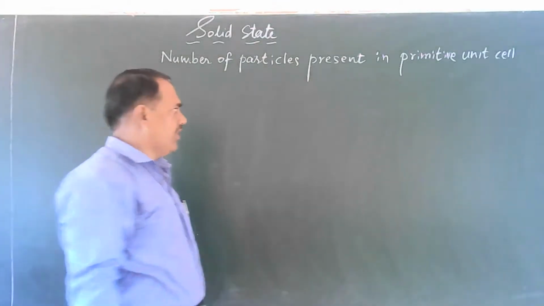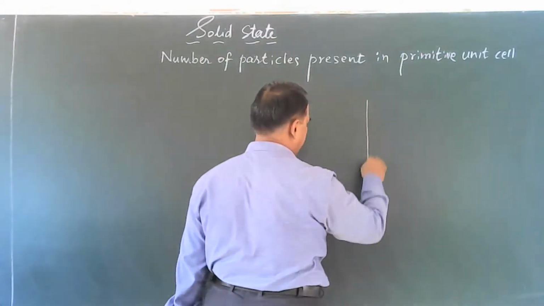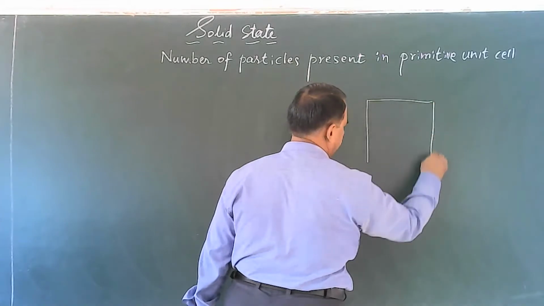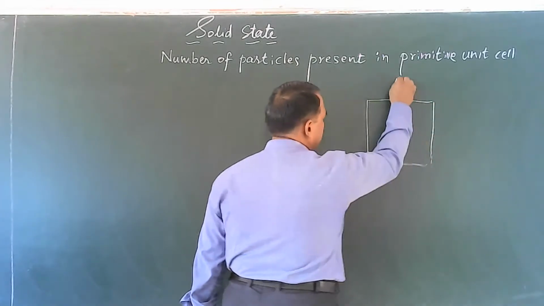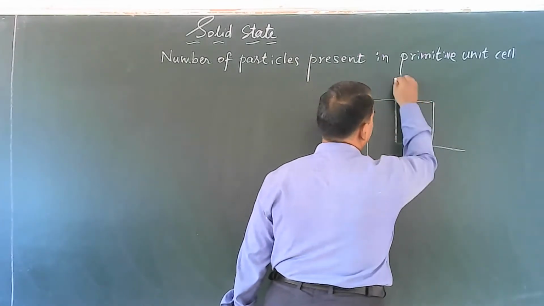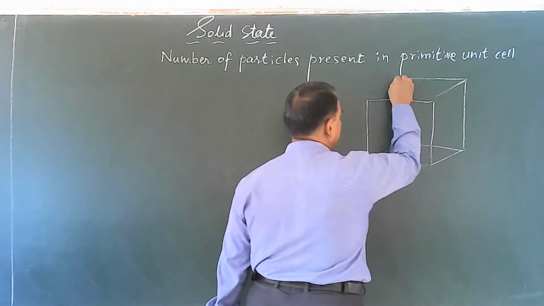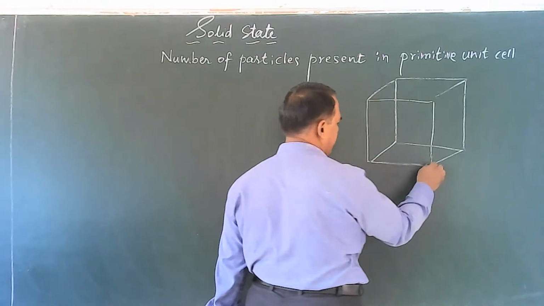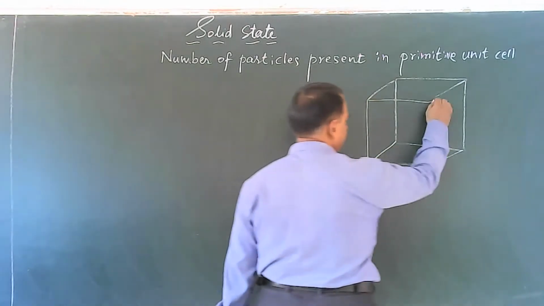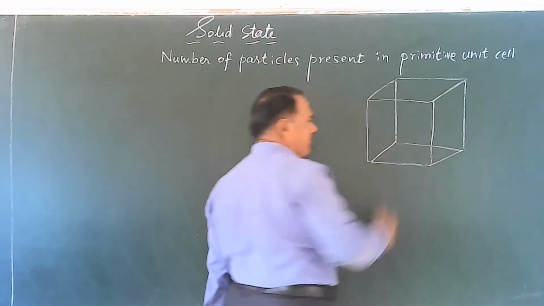You know a primitive unit cell is nothing but a simple unit cell. Just we can join here, and this is nothing but a simple cubic unit cell. Are you clear?